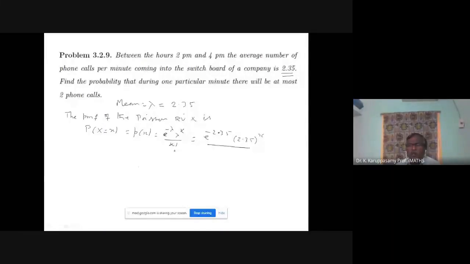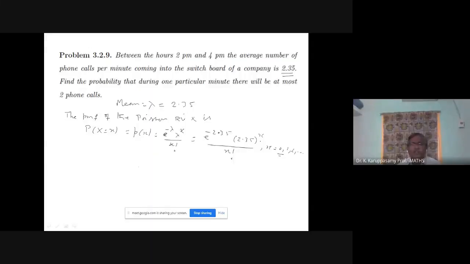So this is the probability mass function. For 0 calls in 1 minute, put x equal to 0. If you put x equal to 1, it is 1 call, like that.